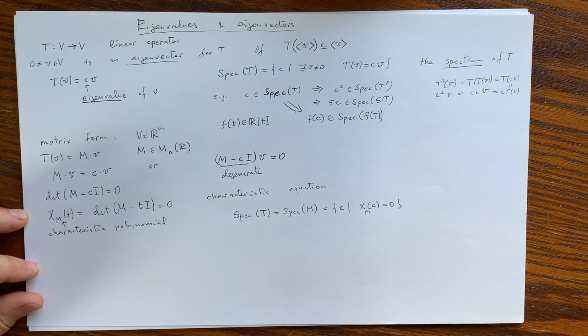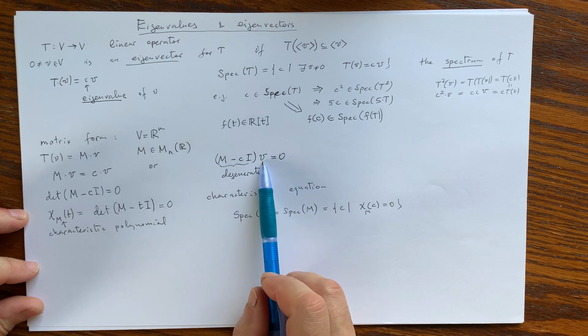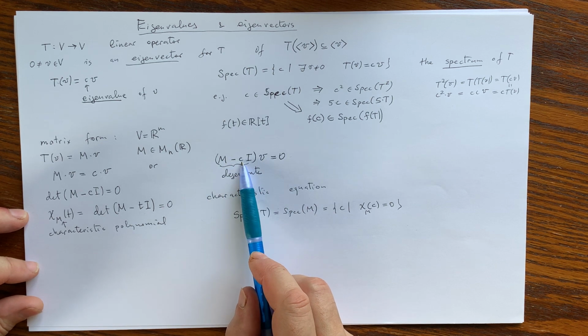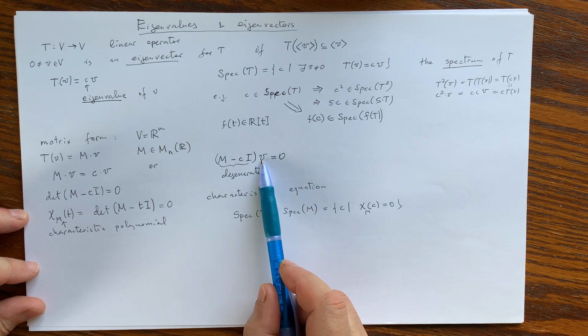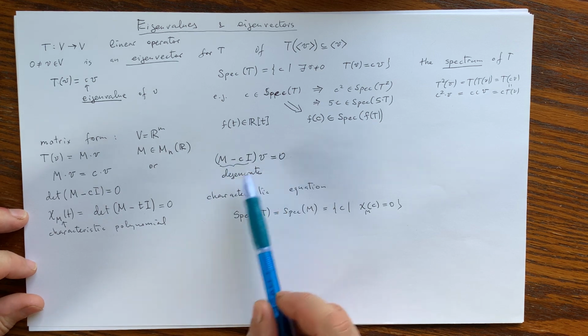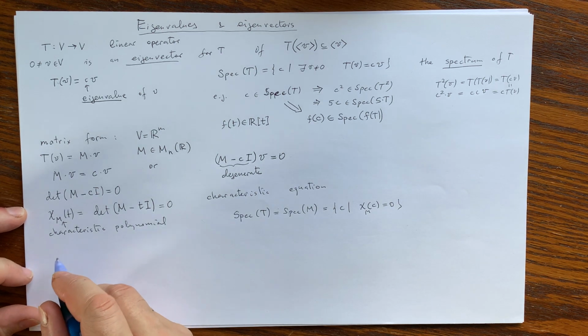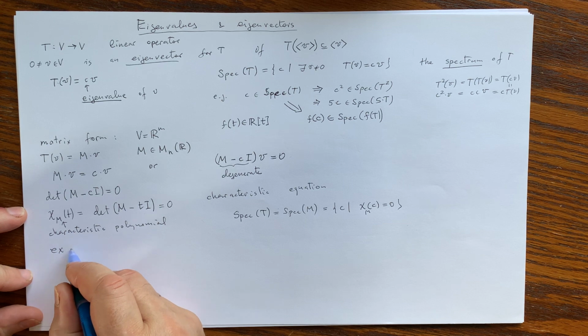And after we find these roots, we can then solve these equations for v being unknown. So as soon as we know which c's are good as eigenvalues, we can see what eigenvectors they have. And then it will be a sequence of homogeneous equations, one for each eigenvalue. So that is the strategy. Let's look at a simple example to illustrate it.